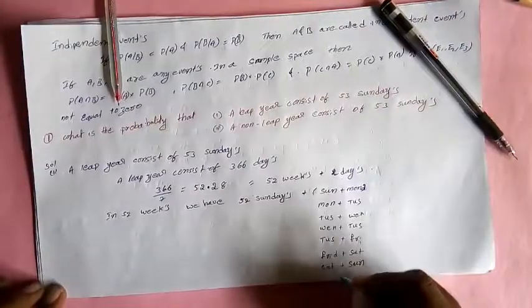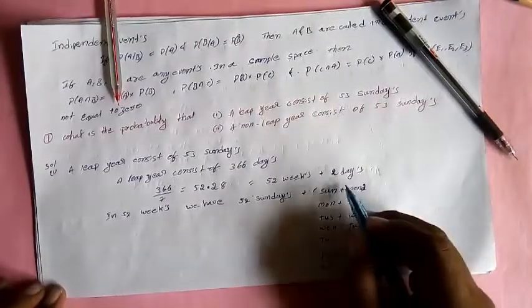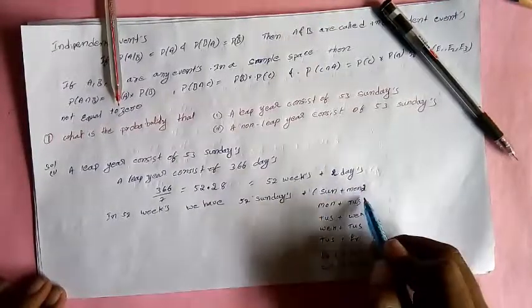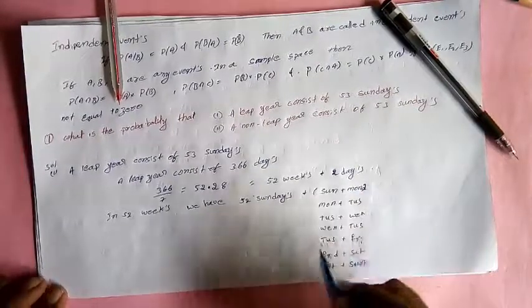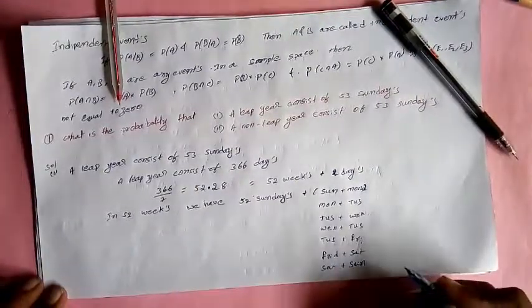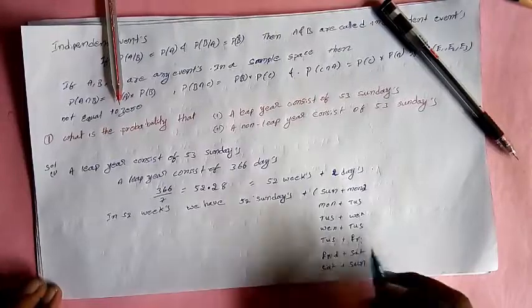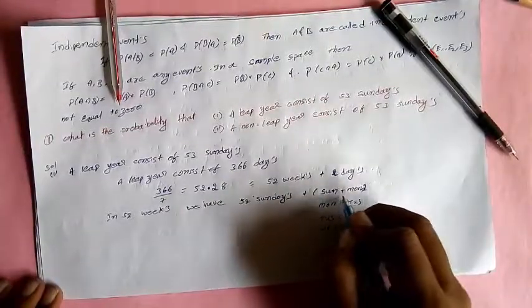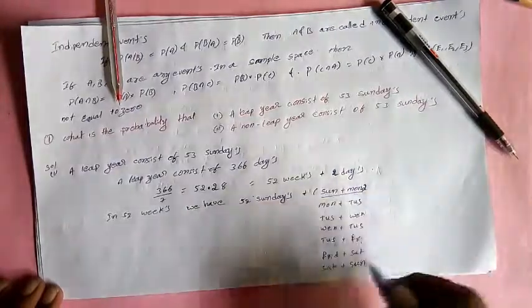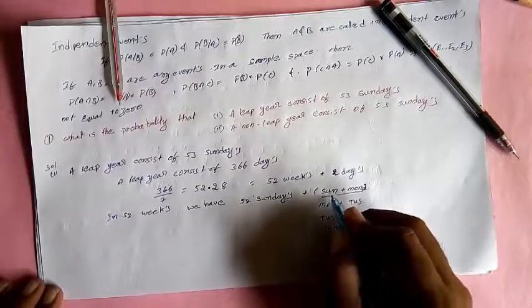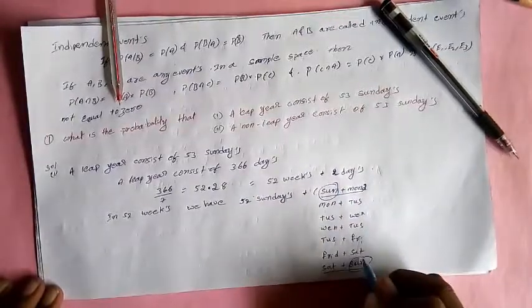Only these 7 cases are possible for these 2 days. To get 53 Sundays, there are only 2 cases: Sunday Monday or Saturday Sunday.